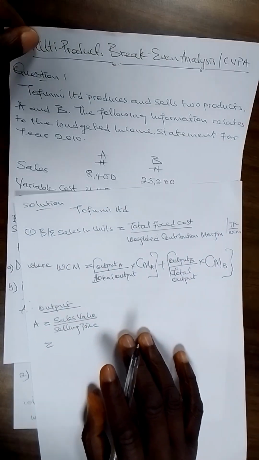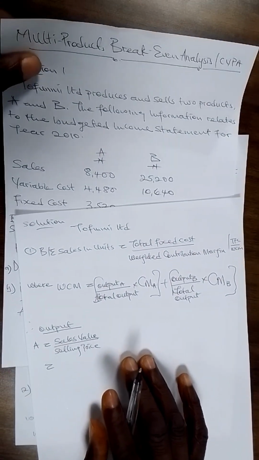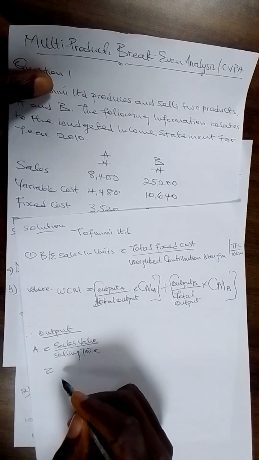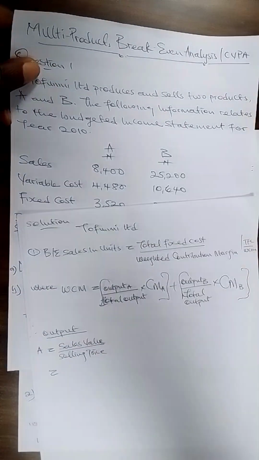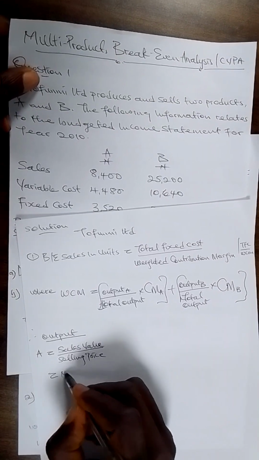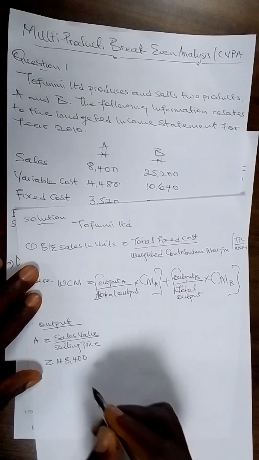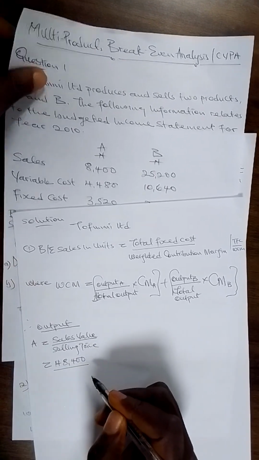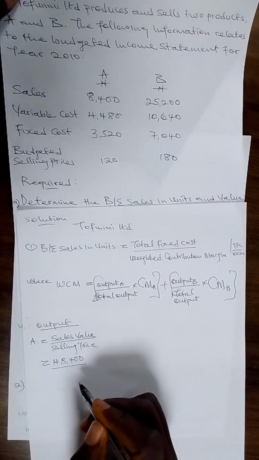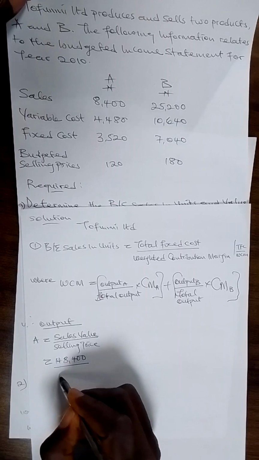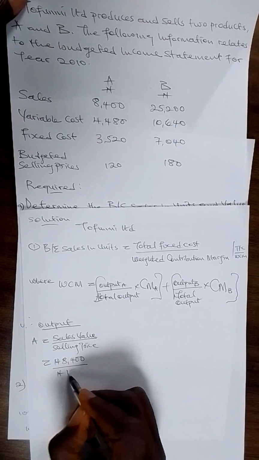In the question, we have the sales value of A to be 8,400 all over the selling price of 120 naira.